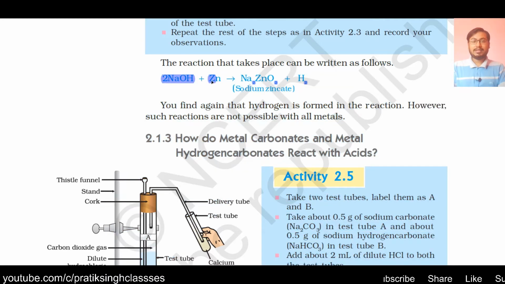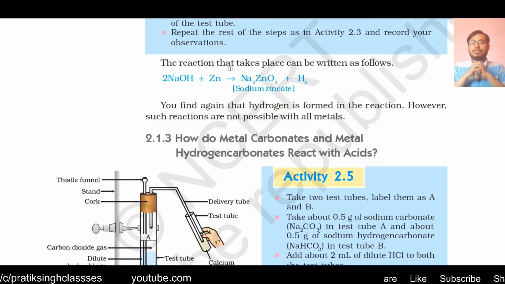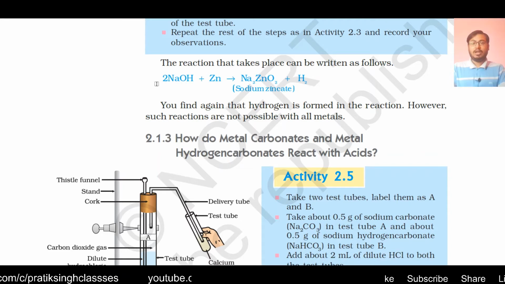But let me tell you once again that in any reaction, if oxygen is added, hydrogen is removed, or electrons are removed, it is called an oxidation reaction. And in any reaction, if oxygen is removed or hydrogen is added or electrons are added, it is called a reduction reaction. Oxidation and reduction reactions happen simultaneously.